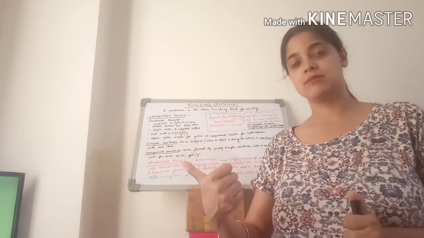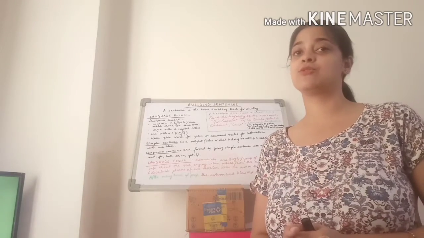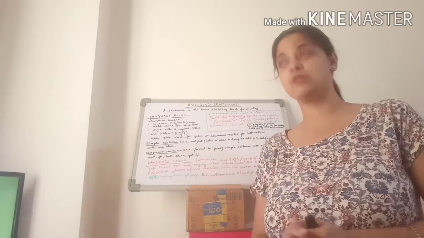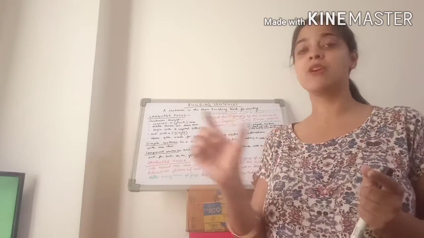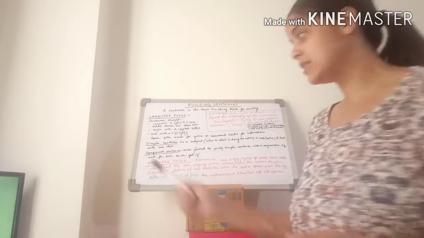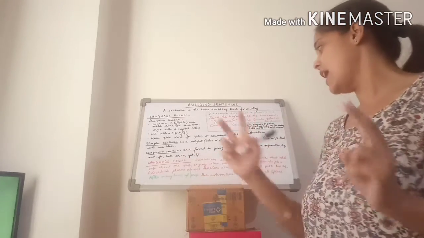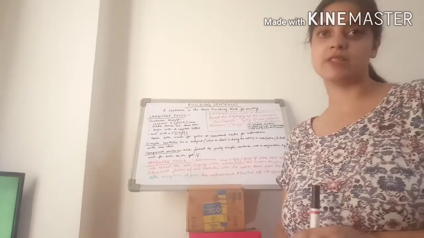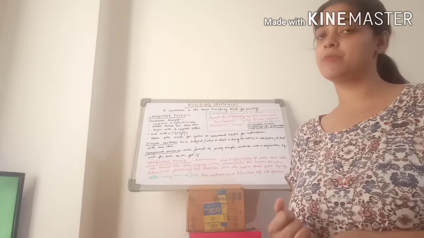Blasted off. Okay. But if you need to know when did the astronaut blast off into space, you need to know more about the verb blasted off. When did this blasting off take place? You get this sentence: after many hours of preparation, the astronaut blasted off into space. So, when did the astronaut blast off into space?